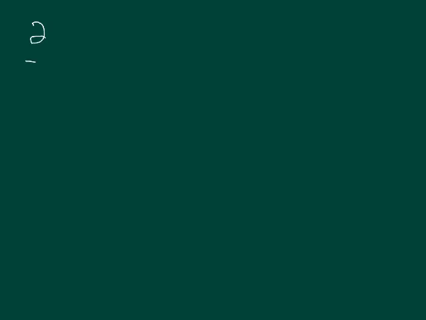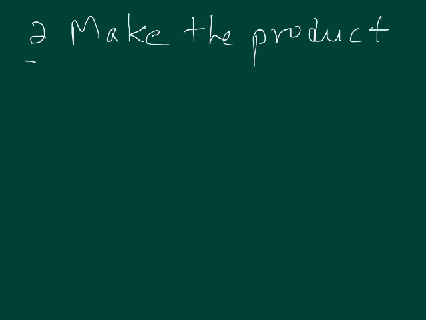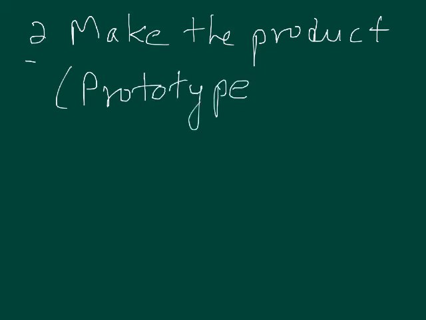Number two, he said, was make the product, which includes the prototype, and make the product also in production using production lines, equipment, or machinery.